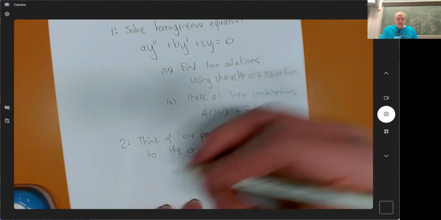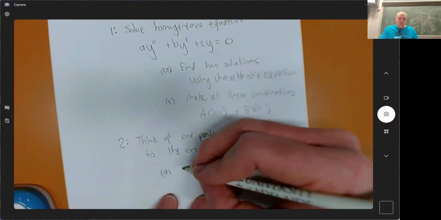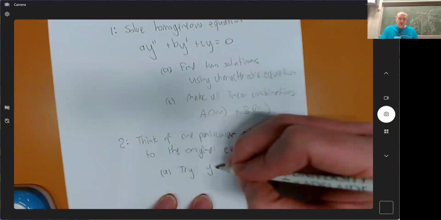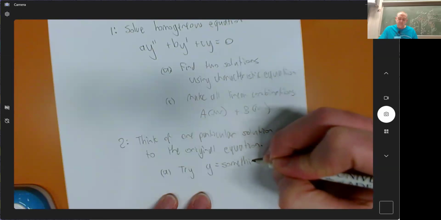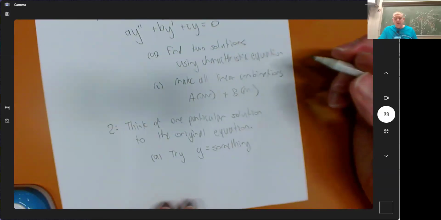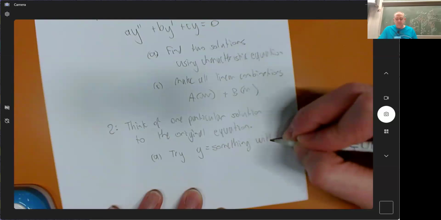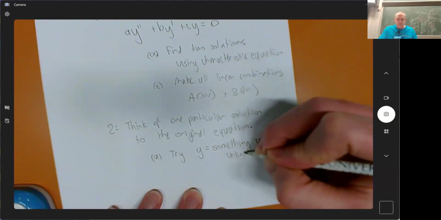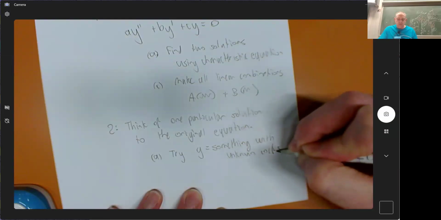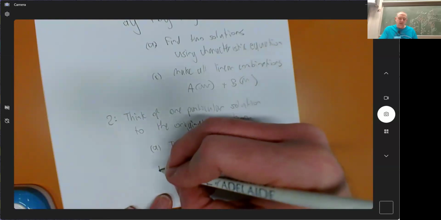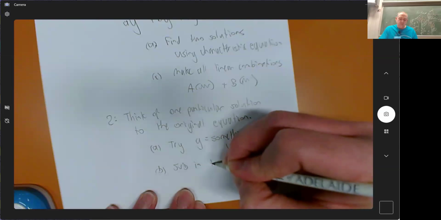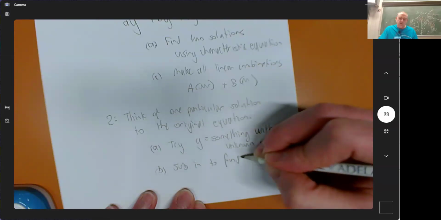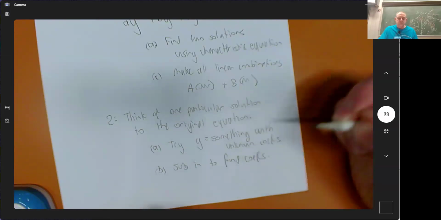The way that you do that is normally you try y equals something with unknown coefficients, and then you sub that in to find the coefficients.